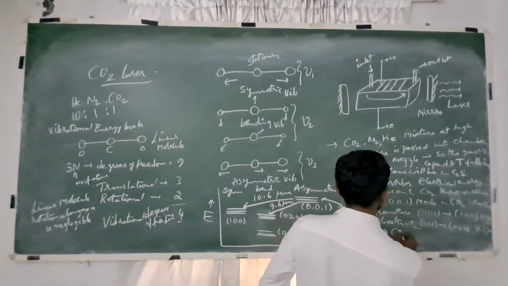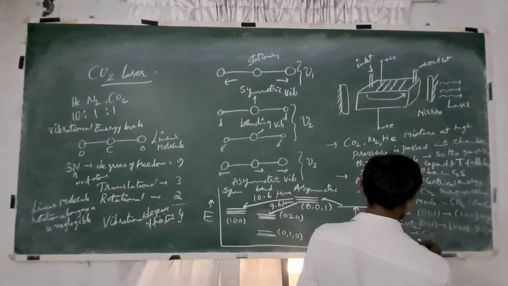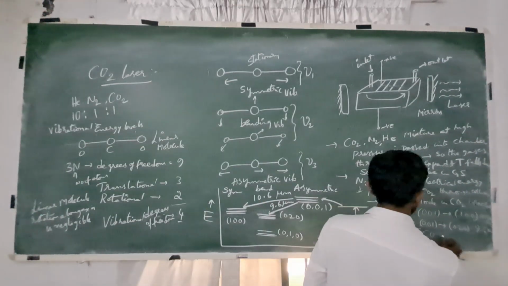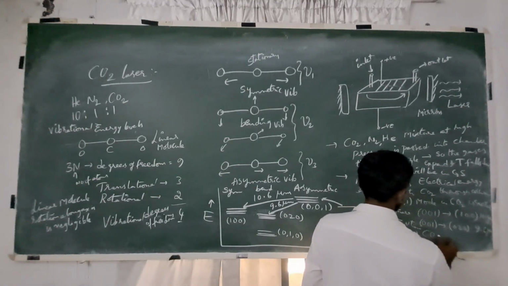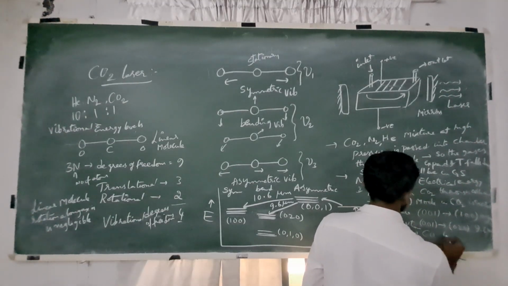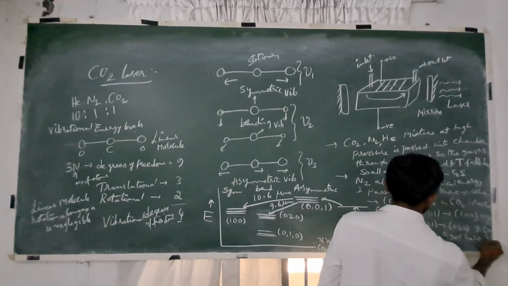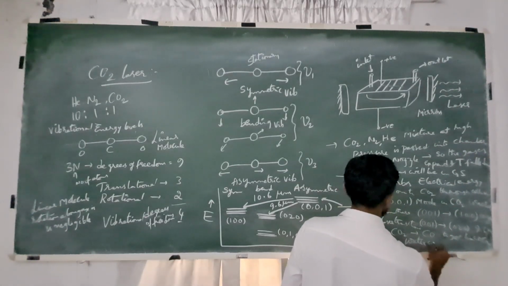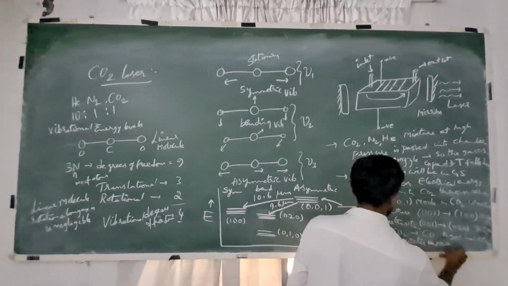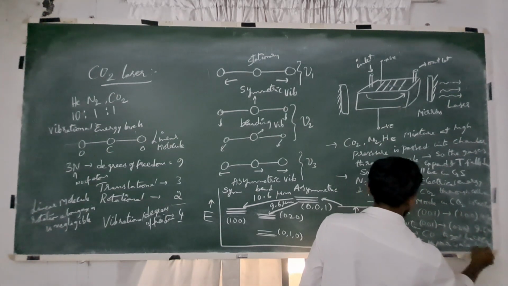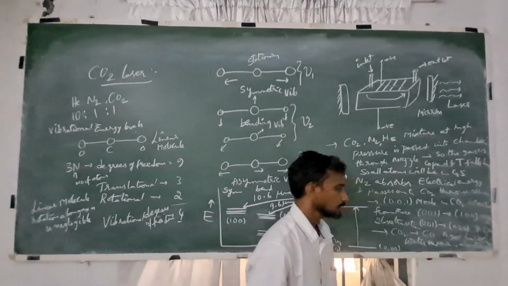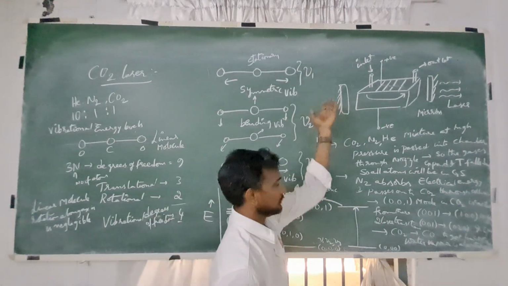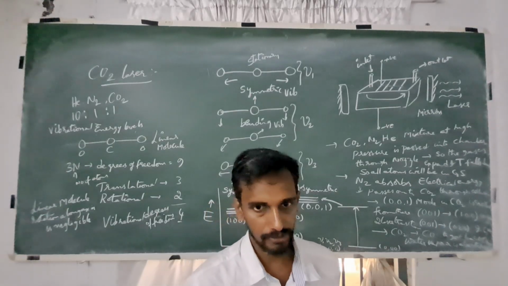So in this process, CO2 may get converted to CO. So to get back to CO2, water vapor is introduced, and the entire gaseous mixture is circulating.